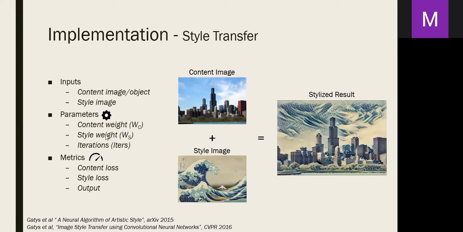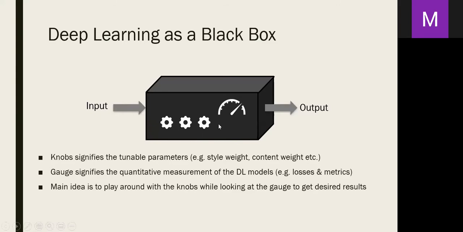So think of these parameters as knobs. If you think of the style transfer model as a black box, these are the knobs which are tunable, and you can tune these to get a desired output.